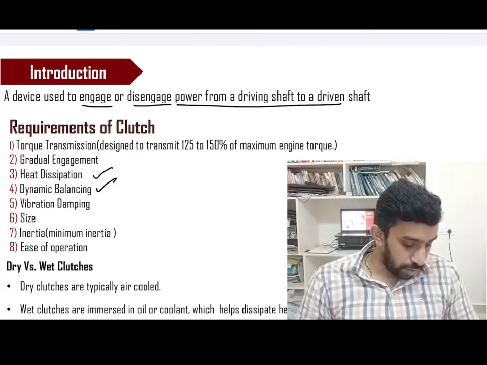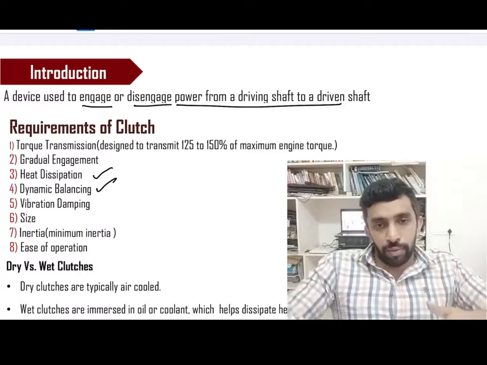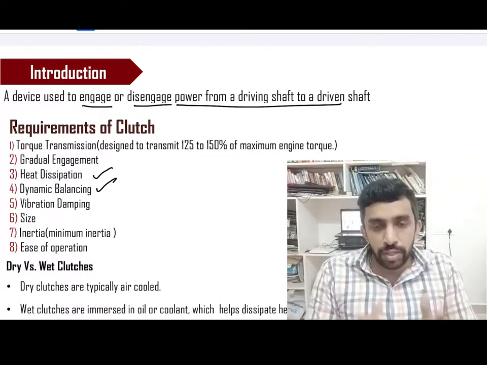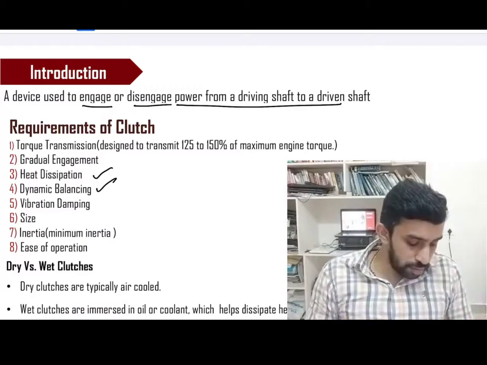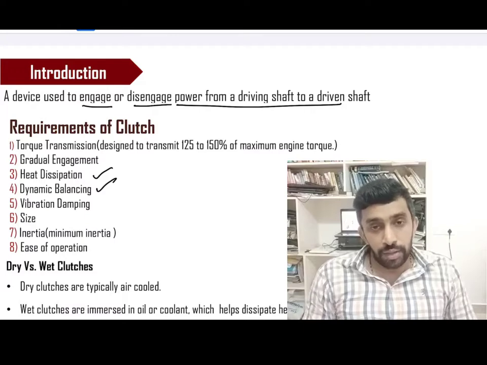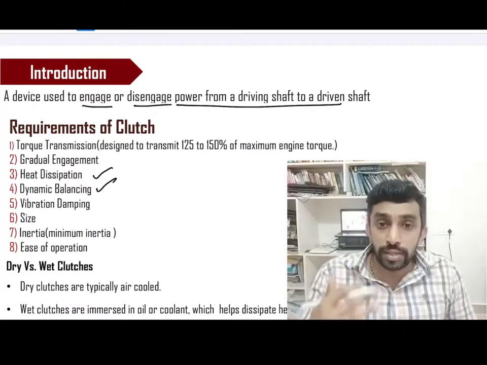And finally, another important criterion is the size, because we cannot have a huge clutch in an automobile. We are always trying to optimize the space, so the size also matters, and it should have the minimum inertia. The reason is that if it has higher inertia, it has a tendency to continue in its state.